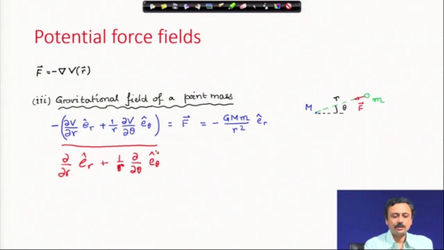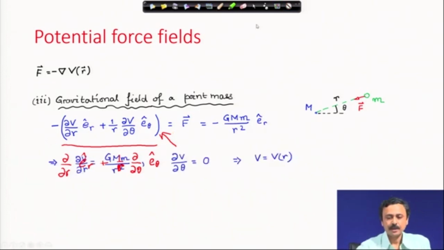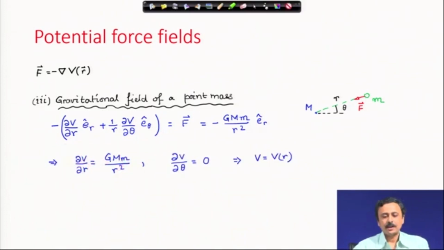When this acts on the potential V, I have this. So, the negative gradient of the potential must be equal to F, and you know that from Newton's law of gravitation it must be minus G M m by r square, in the e_r cap direction. That negative comes because it is in the negative of the e_r cap direction.